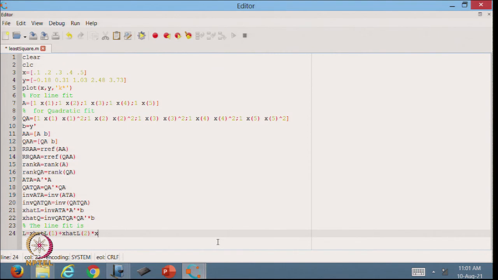And similarly, I can define Q, the quadratic.